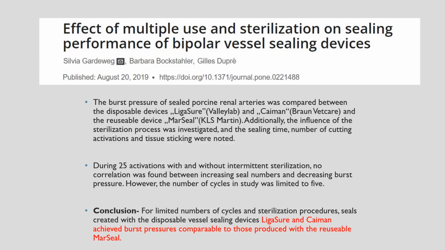So you have to understand all these things, because with reuse, every company will tell you that the nano coating of the device will go down, the performance of the device will go down. It can interfere with the impedance feedback loop measurement, and so forth and so on. So you have to be aware of these things if you are someone who is reusing and re-sterilizing these devices.